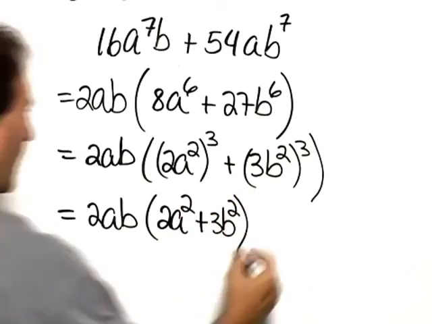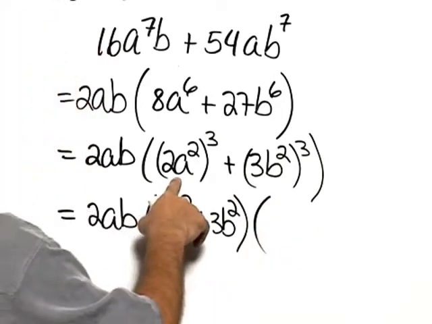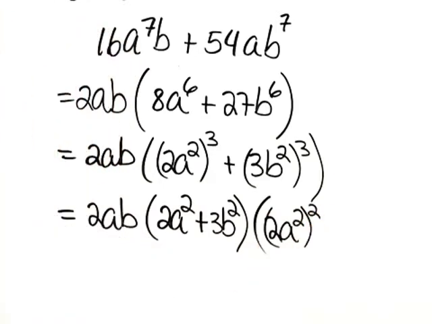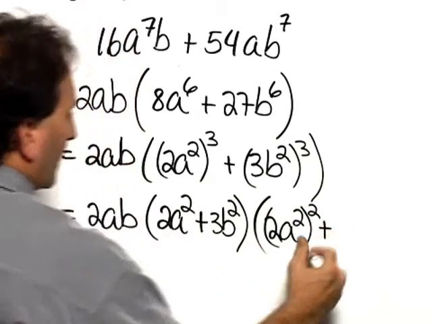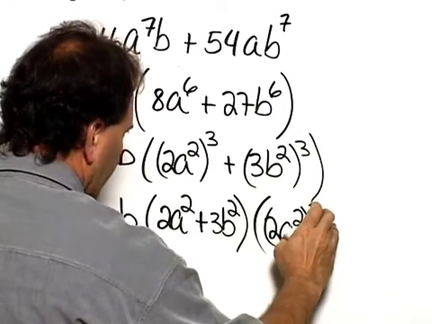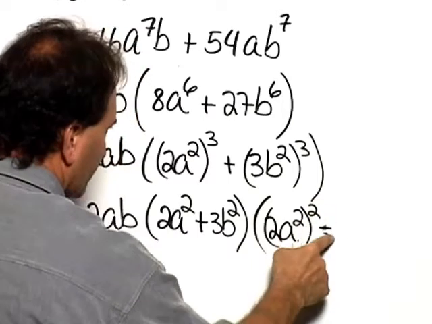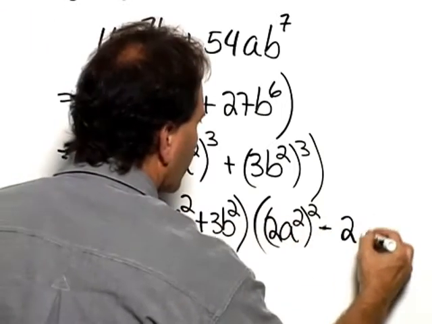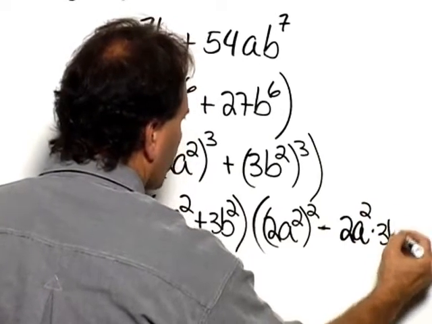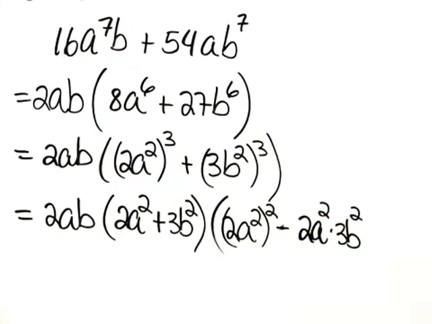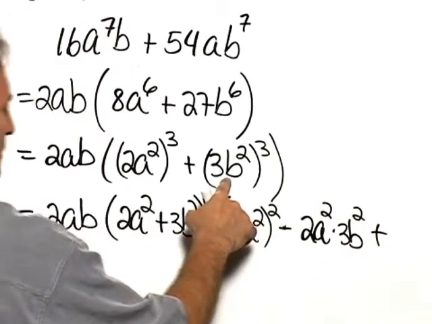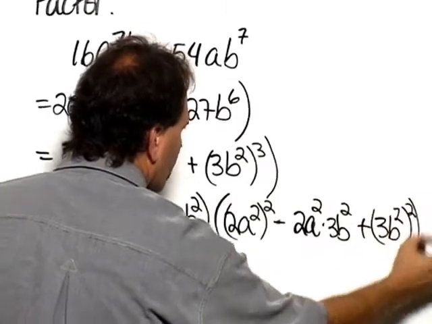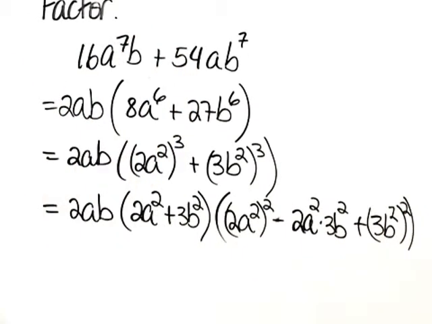And that is multiplied times the first term squared, 2a squared squared, minus the product of the two terms, so 2a squared times 3b squared, and then plus the second term squared, 3b squared squared.